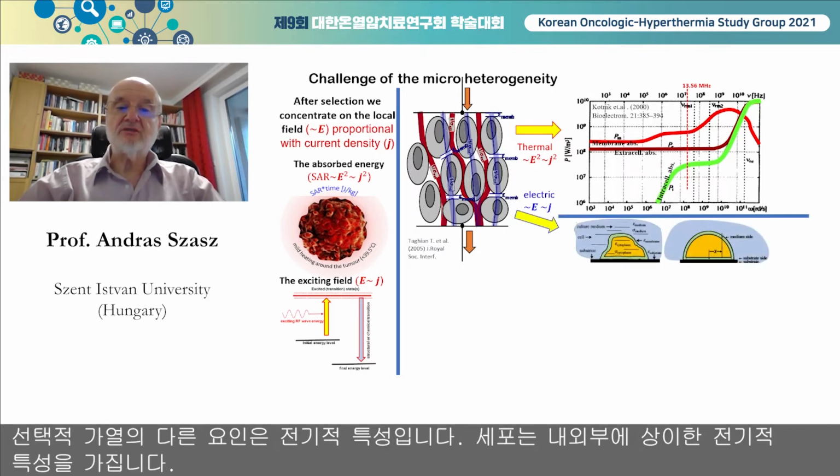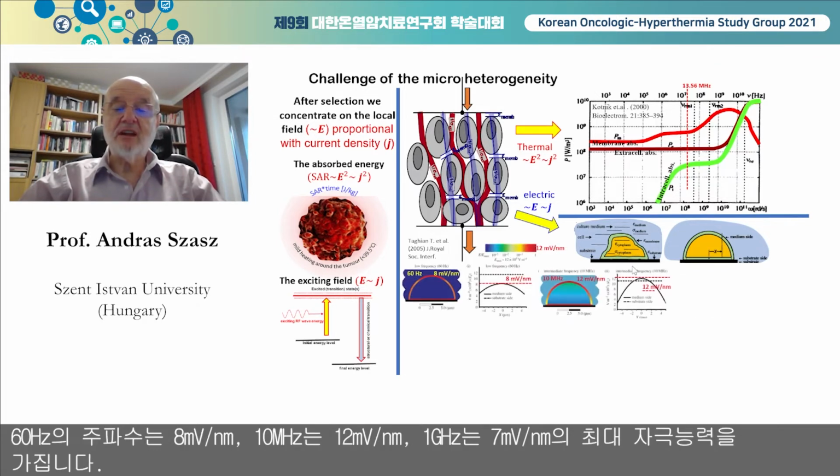The other selection factor is electric, because the cell has different electric properties inside and outside, and we can calculate that the 60 Hz application makes a maximum excitation of 8 millivolt per nanometer, while 10 MHz has 12 millivolt per nanometer, and 1 GHz has 7 millivolt per nanometer.